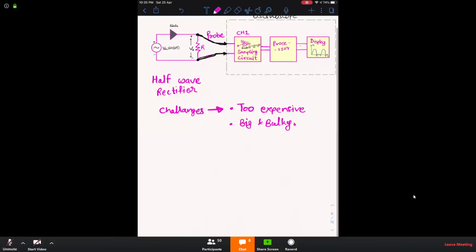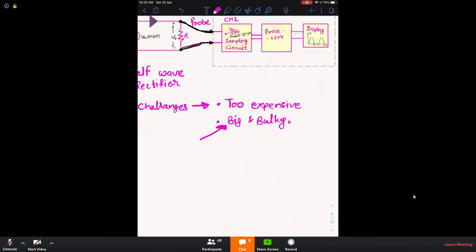So let's say you are doing any project work in the electronics club or in any club, and after that you are going to a different location, let's say hall 13 or somewhere, to do that experiment. Then because of their size, these oscilloscopes are not suitable to take from one place to another, so it's kind of an annoying thing. So we will try to sort out these two challenges, this expensive one and this big and bulky one.